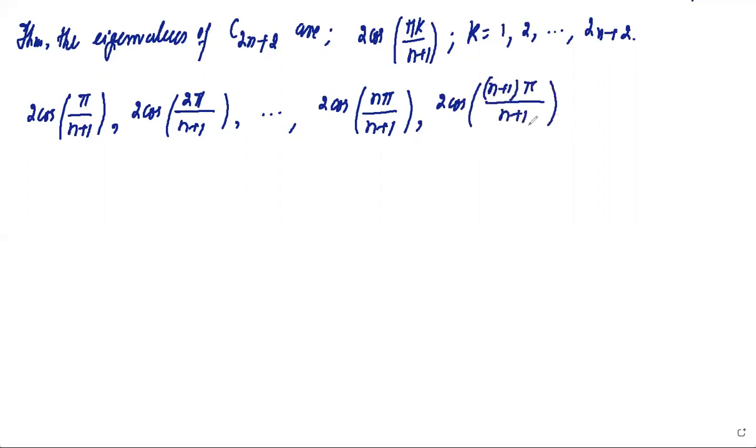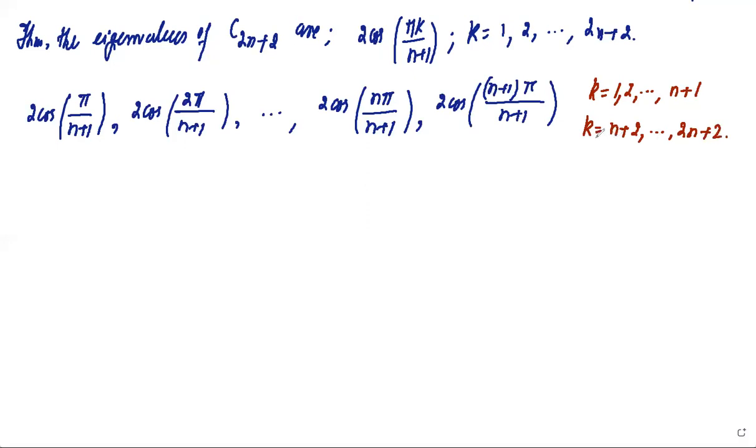Now next we will put the remaining values of k. So up to this stage we have used k equal to 1, 2 up to n+1. The remaining values of k are n+2 up to 2n+2.